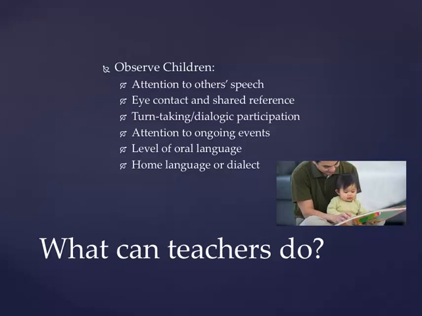So if they know that they need to take turns and listen while others speak in conversations, if they provide attention to ongoing events that are around them in the classroom or in their environment, identifying through observations what their level of oral language is.